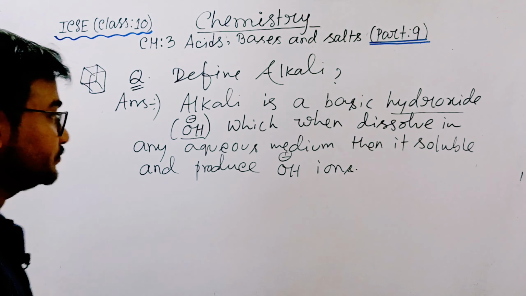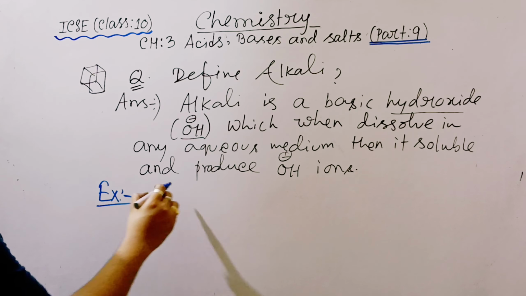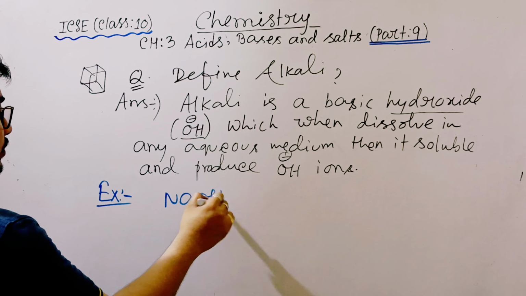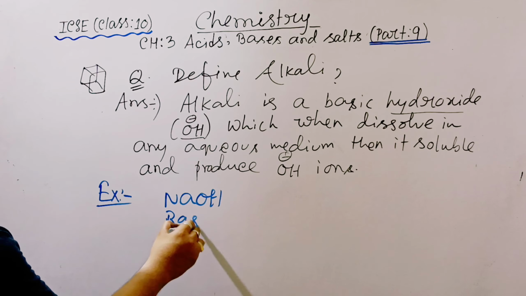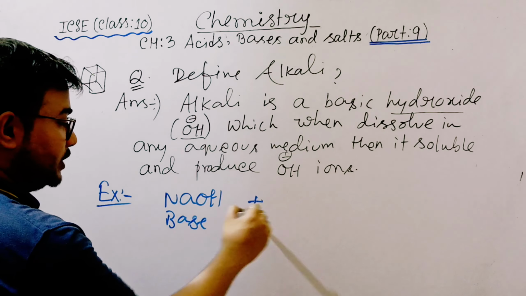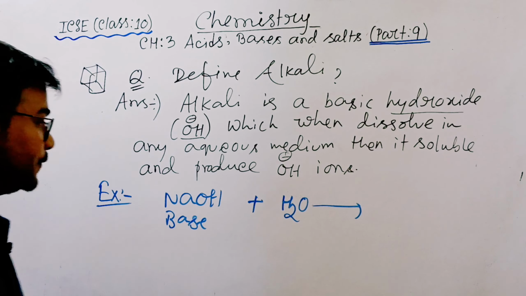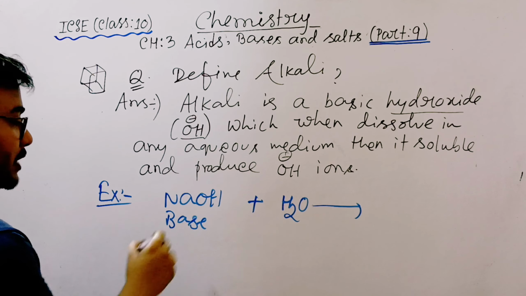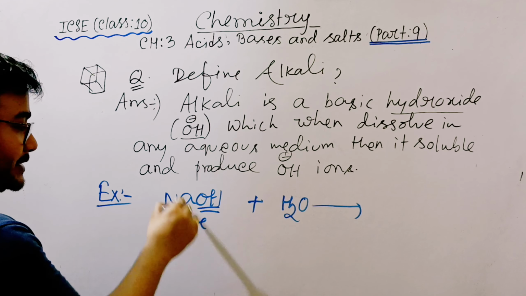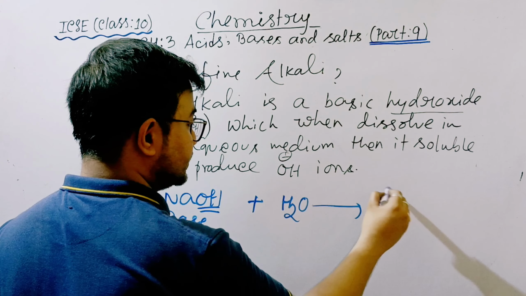For example, again see, suppose I have NaOH. It is a base, it is not alkali. When will it become alkali? When we dissolve it in water. All of you know, whenever it dissolves in water, it will be ionized and produce OH minus.